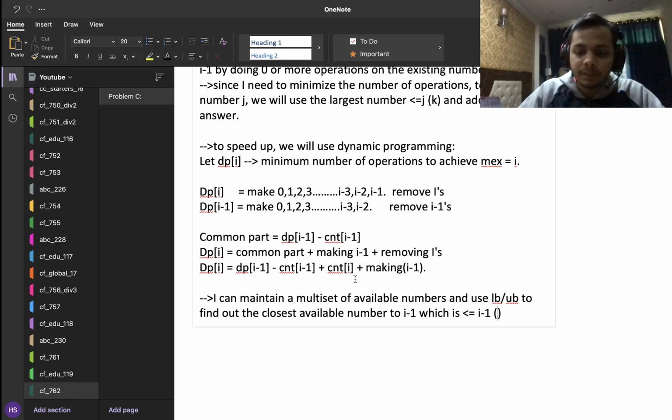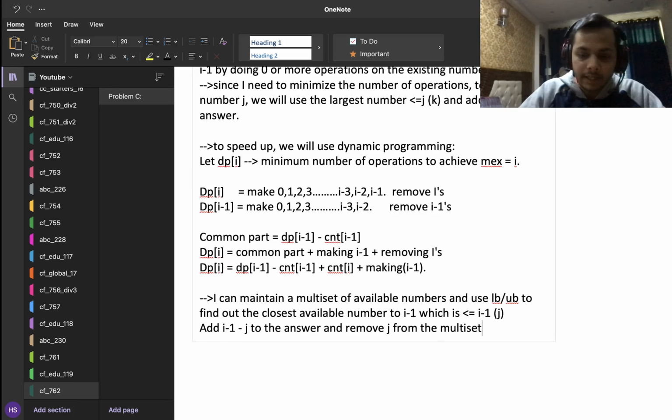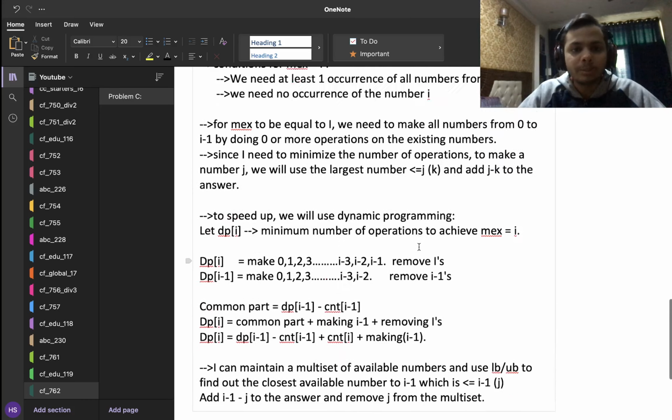Let's say that this number is j. Then I will add i minus 1 minus j to my answer, and then I will remove j from the multiset. Right? So this pretty much sums it up.